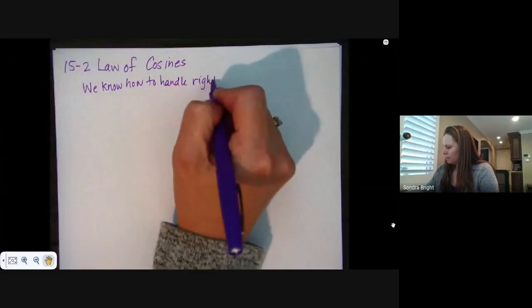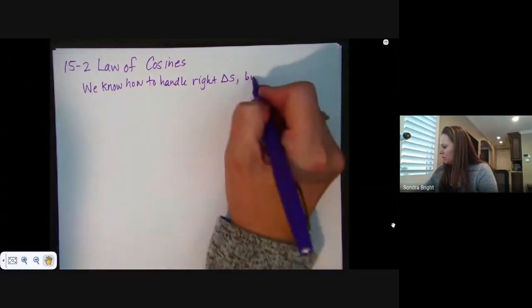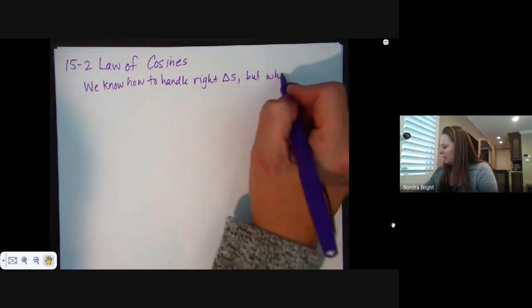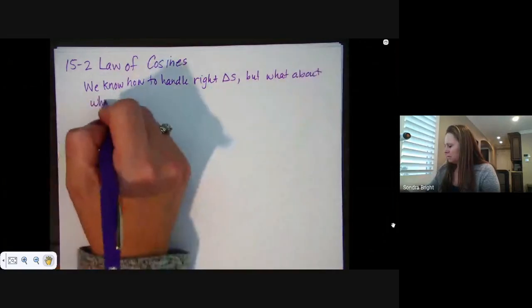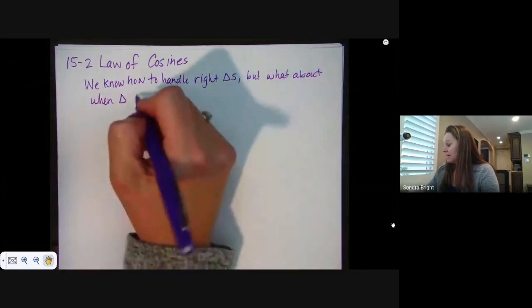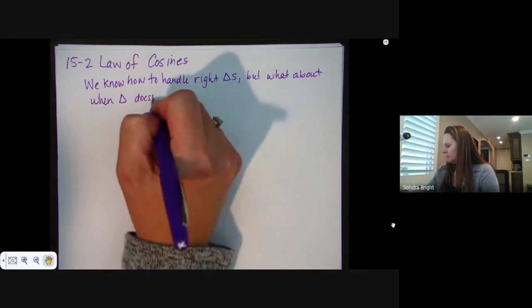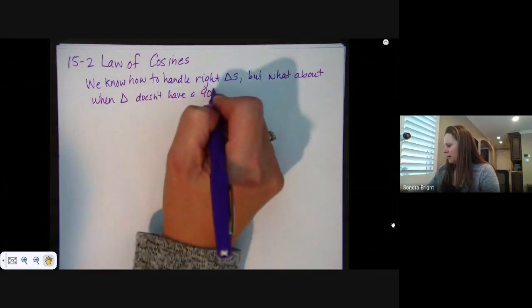But what about when a triangle doesn't have a 90-degree angle? That's where Law of Cosines comes in.